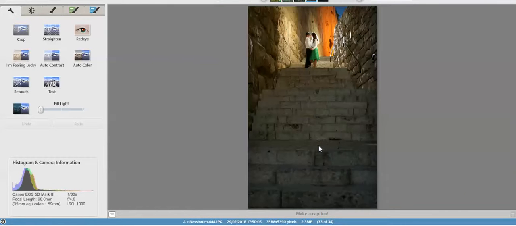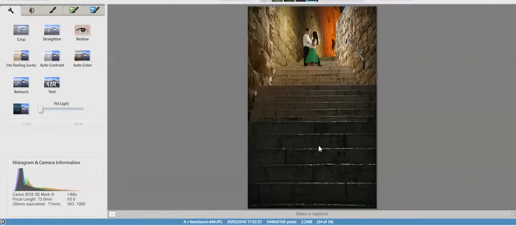Okay, and this is an image. Look at the difference between these 2 images. A, B. What did I do? What's the difference? Look here, I have my assistant up here with a bare flash lighting up the steps.